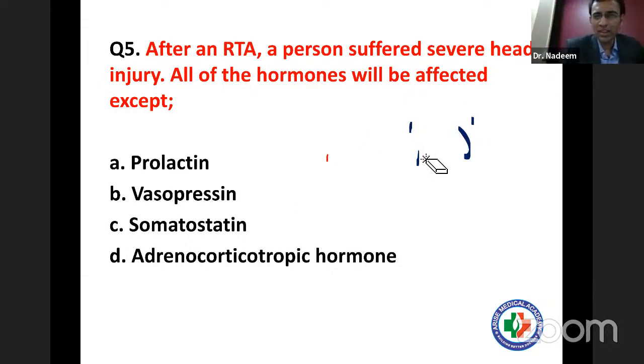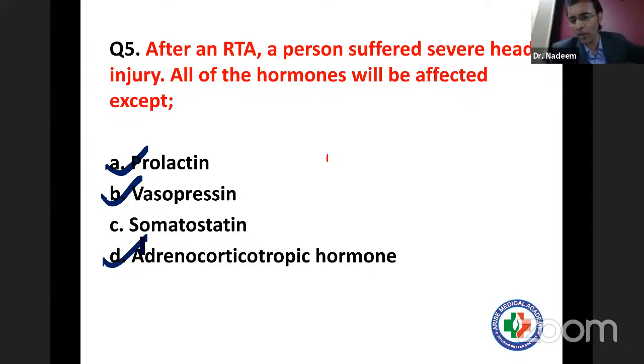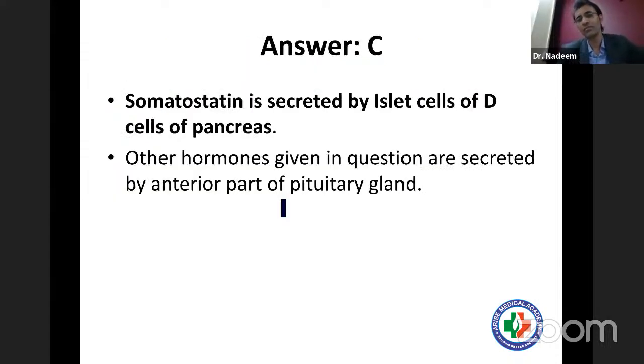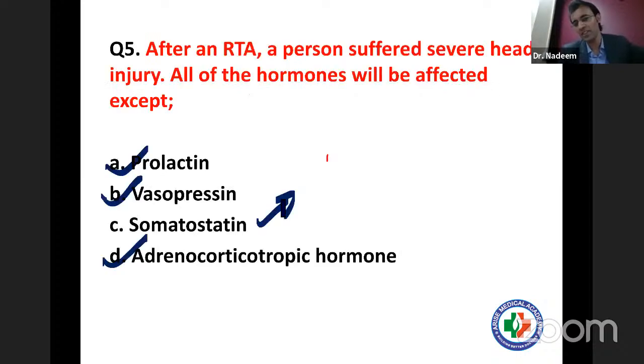Now you tell me, see this question, I'm talking about prolactin, vasopressin, adrenocorticotropic hormone, ACTH. These are secreted by which gland? These are secreted by the anterior part of the pituitary gland, right? What about somatostatin? Answer me, please.